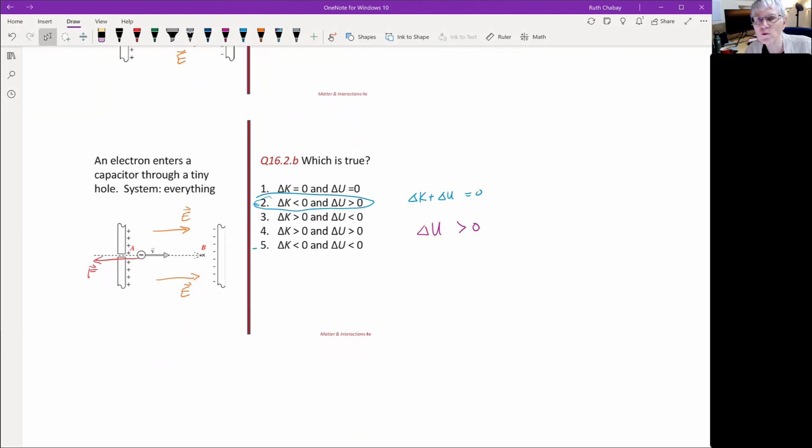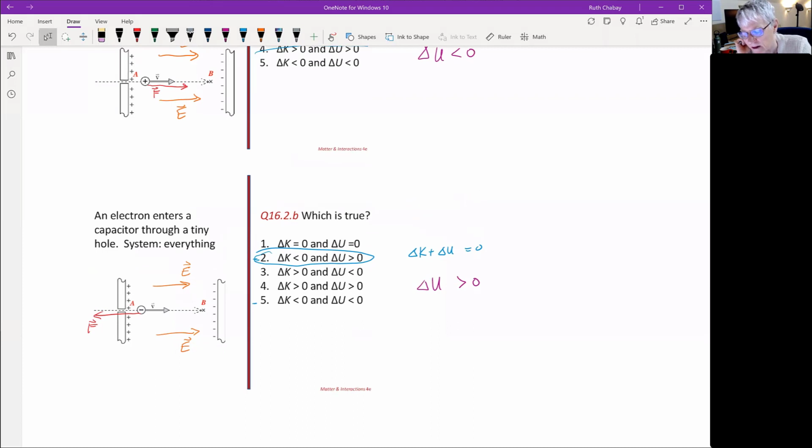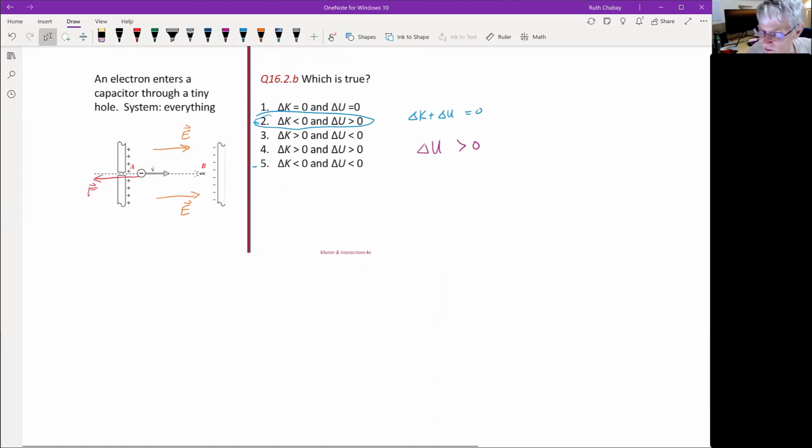And what we want here is something like this: we have field as force per unit charge, so we're looking for something that's potential energy per unit charge. Something that we could just multiply by the charge of the moving object.